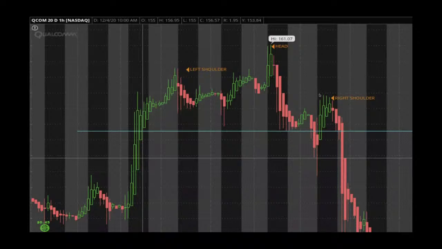And we need a right shoulder, which is going to be your lower high. Once we pass the neckline, we confirm our pattern. So this would be either your entry for shorts, or in our case, since we trade options, an entry for puts, or a stop for your calls, a selling point.